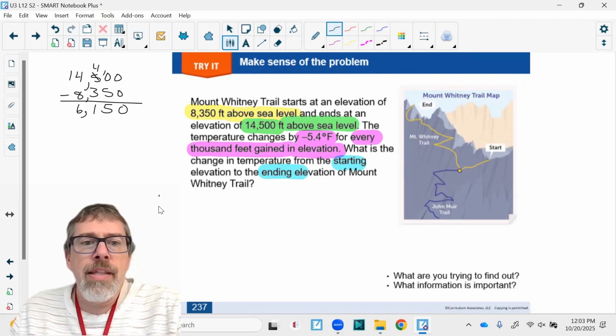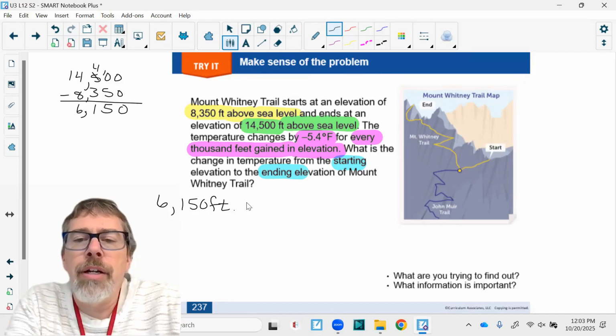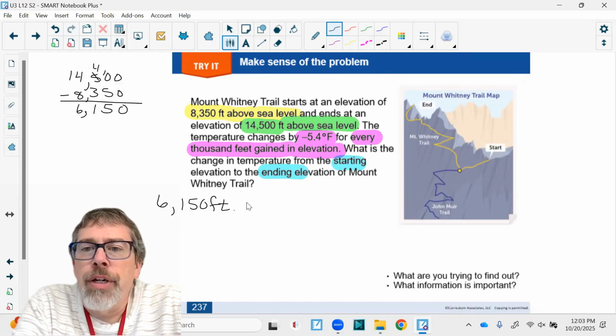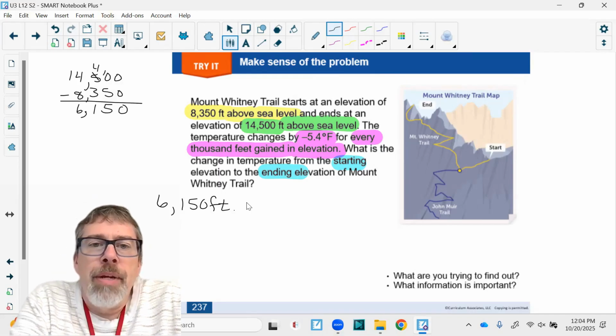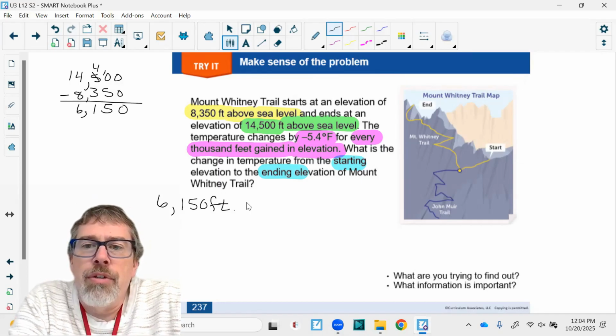So we're at 6,150 feet of elevation change from the beginning of the trail to the end of the trail. Okay? And that's that yellow trail up above John Muir Trail. Okay, so the important information is the starting point, the ending point, and the elevation difference between the two.